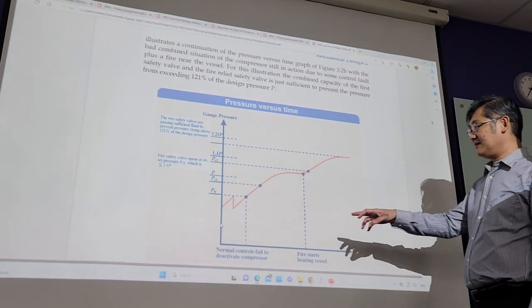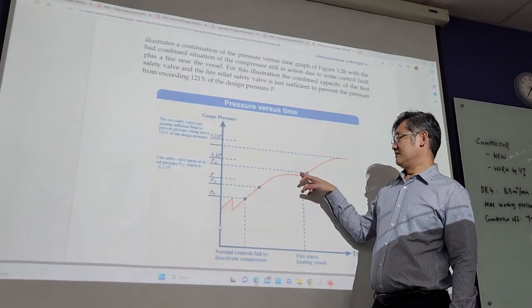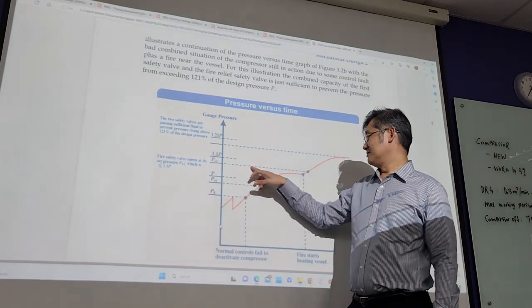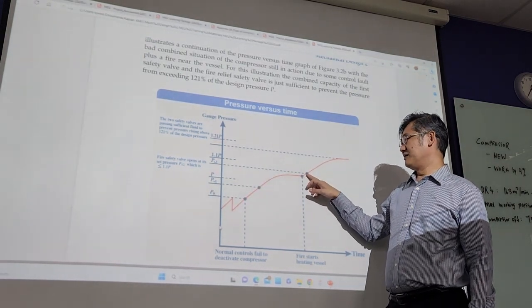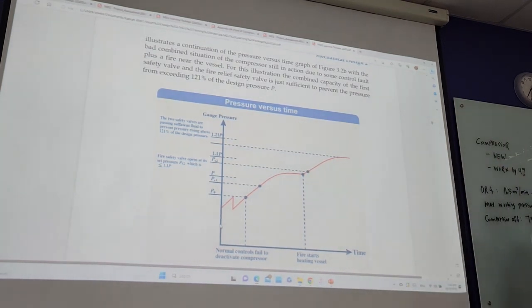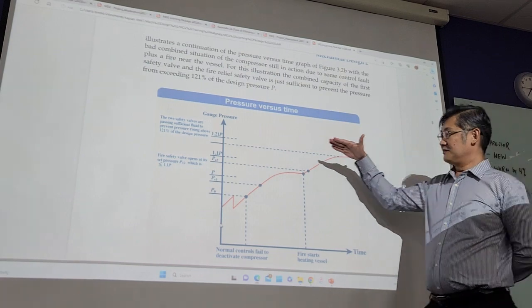You can see over here, it's now 790, and our set pressure is 862. Another 10%, 1.1. What will be the 10% of 862? About 948.